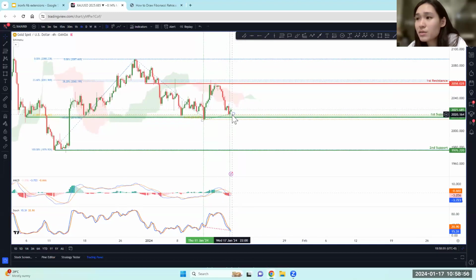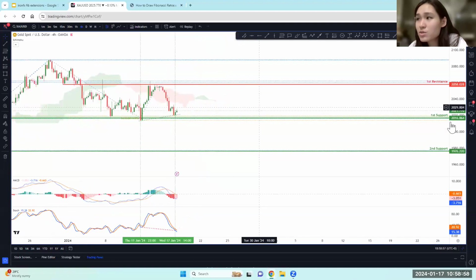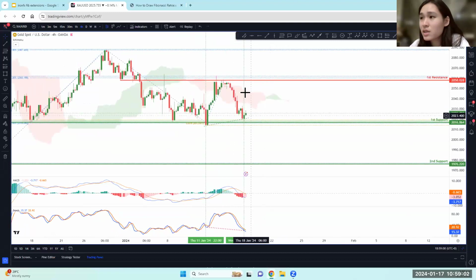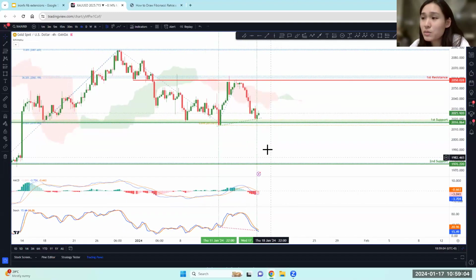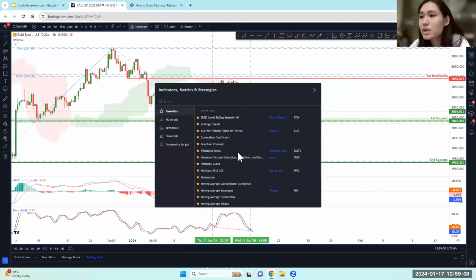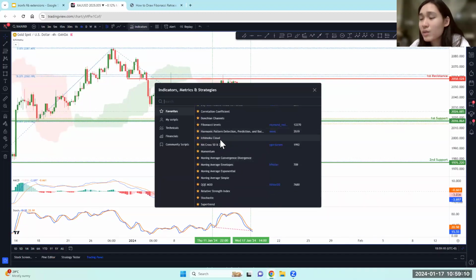But we'll have to see, because this is a pretty significant level here, so you might see a bit of a jump. If I zoom in, you can see price already increasing here. But ultimately, because of all the downward pressure, we might see it continue to drop below the first support. Maybe let's look at moving averages as well.